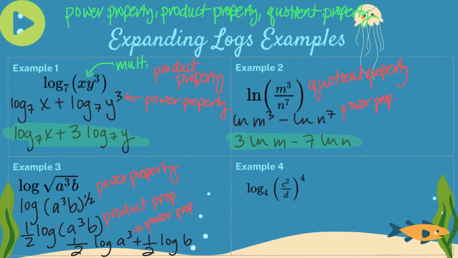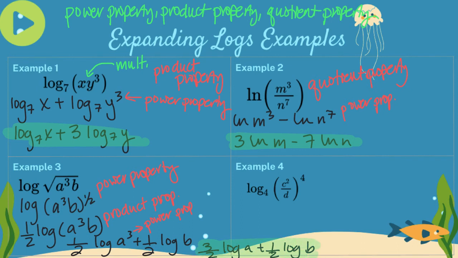So that would be 3 times 1/2 log a, so I could reduce that to become 3/2 log a plus 1/2 log b. And that's all I can do to that expansion there.